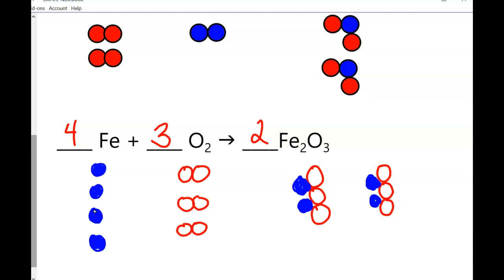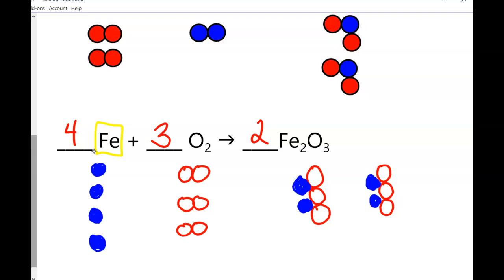Now, why did I start with oxygen? Well, how did I know that I was going to do oxygen first? The answer is that if you have something that's an element, but it's not diatomic, like iron, there's just one of them. I can multiply that by any number, and it will work out. But iron I can do last, because whatever the number of irons I end up with on the right side, I know I can multiply on the left side.